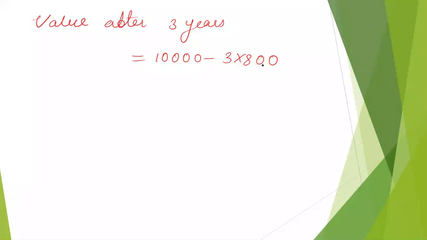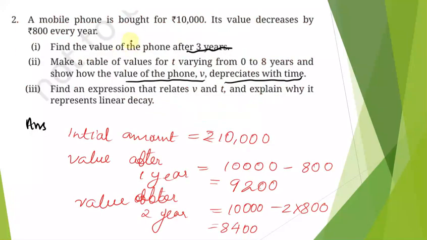So 10,000 minus 2,400, right? So you will get it as 7,600. So the value after 3 years will be 7,600. Got the idea? Okay. Now we will check what is the second part of the question.